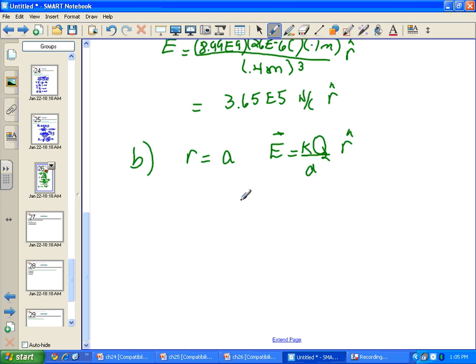And this is just the value of the electric field at the point where we are exactly on the surface of the sphere.